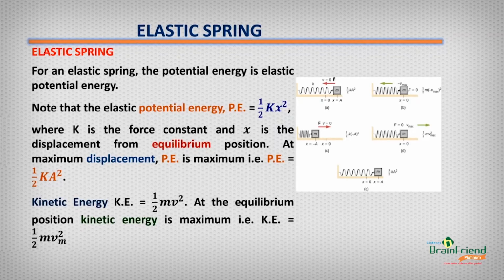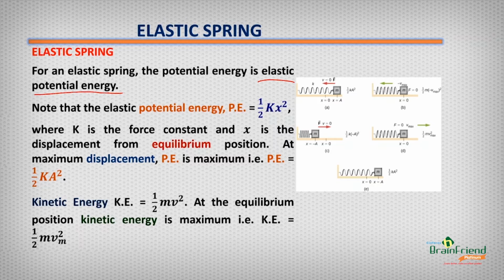Having shown the formula for calculating the energy of the motion of a simple pendulum, let's go on to find an expression for calculating the motion of a mass attached to an elastic spring. For the motion of a mass attached to an elastic spring, the potential energy is elastic potential energy.